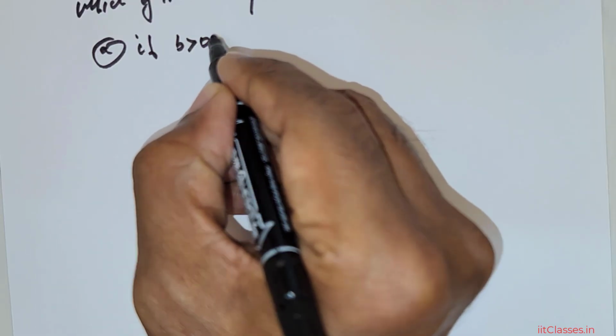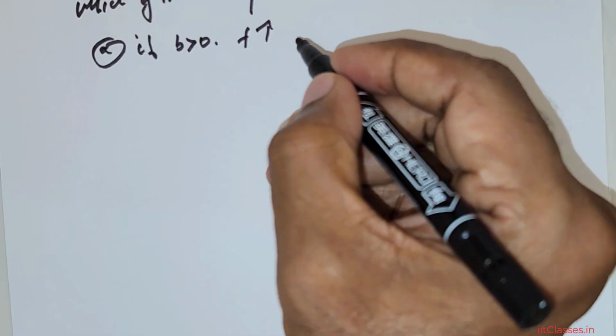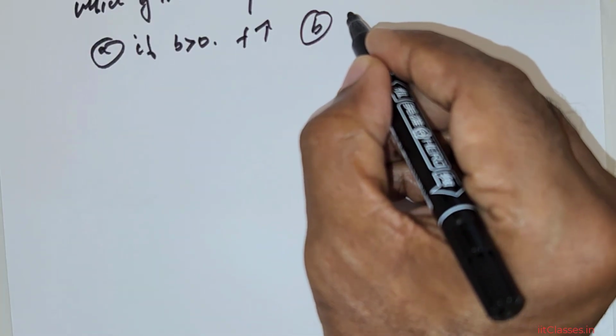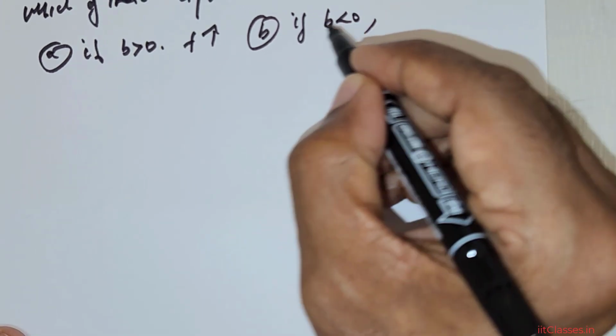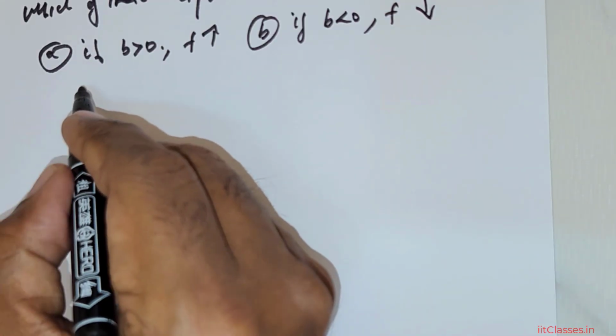Now let me give you those choices. A: if b is greater than 0, then f of x, or I would say the function, is an increasing function. Choice B: if b is less than 0, then f is a decreasing function.